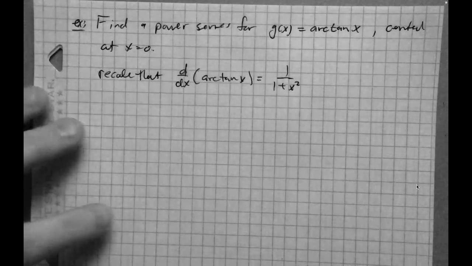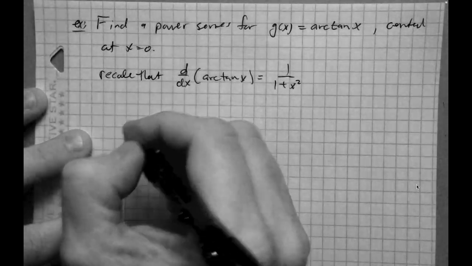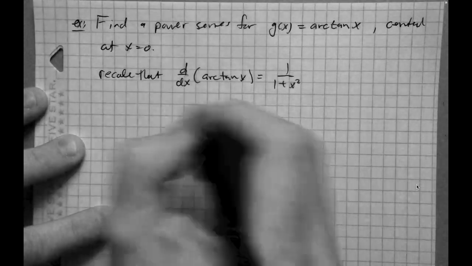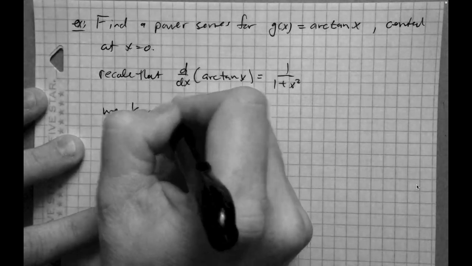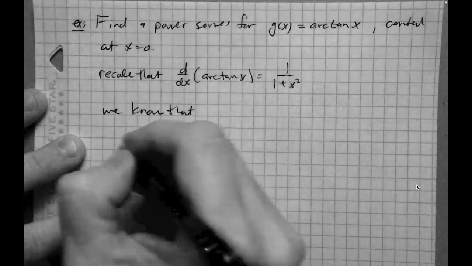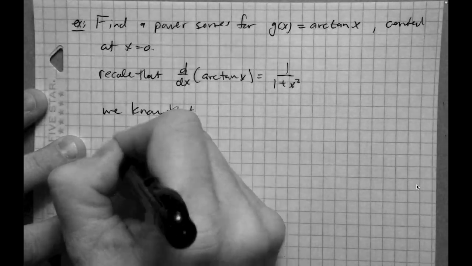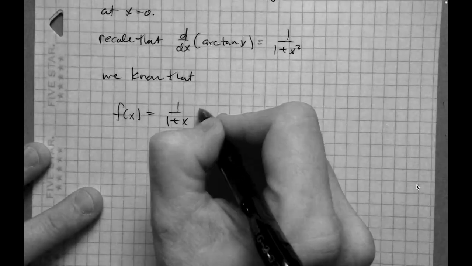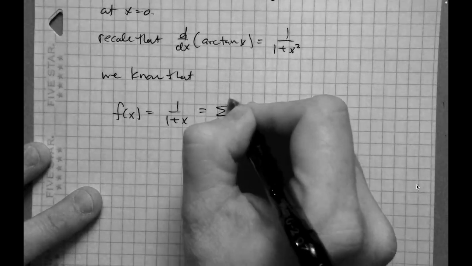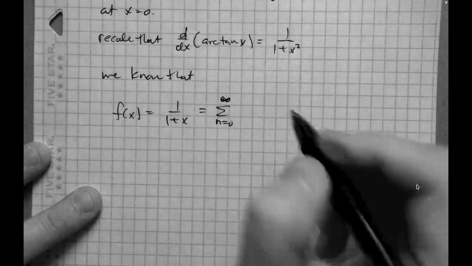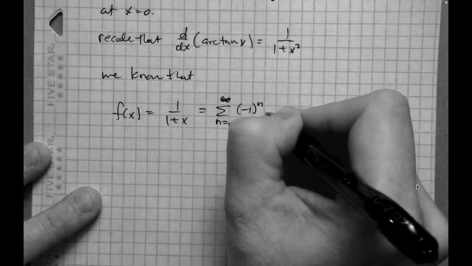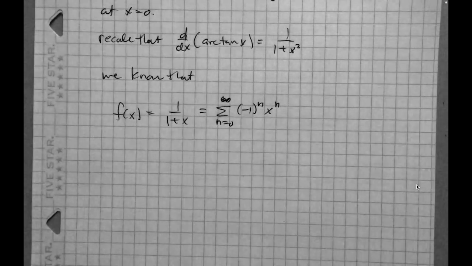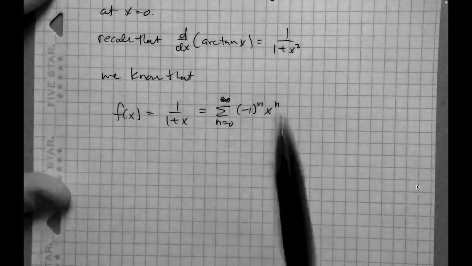And so we know that if we have f of x equal to 1 over 1 plus x, that's equal to the sum from n equals 0 up to infinity of negative 1 to the nth power times x to the nth power. And so instead of x, let's sub in x squared, because that's what we have up here.